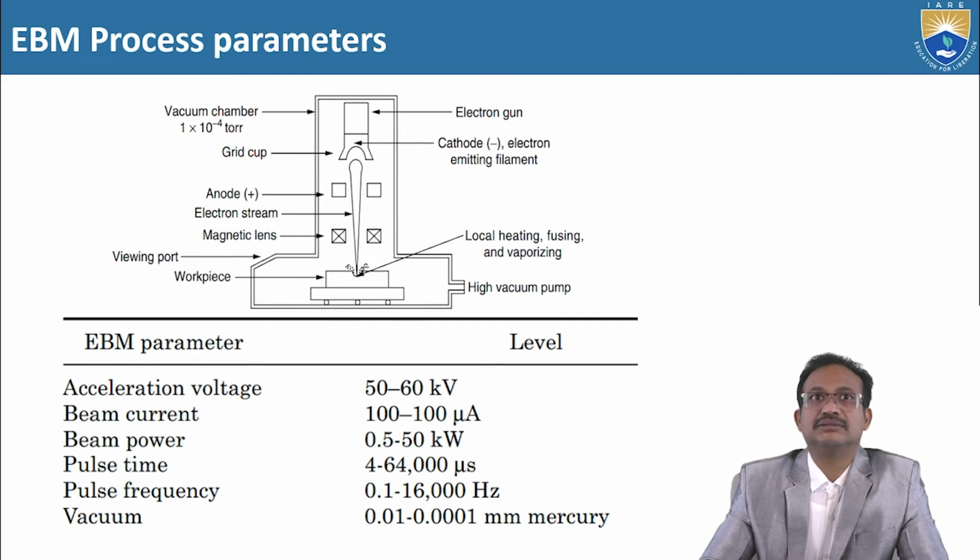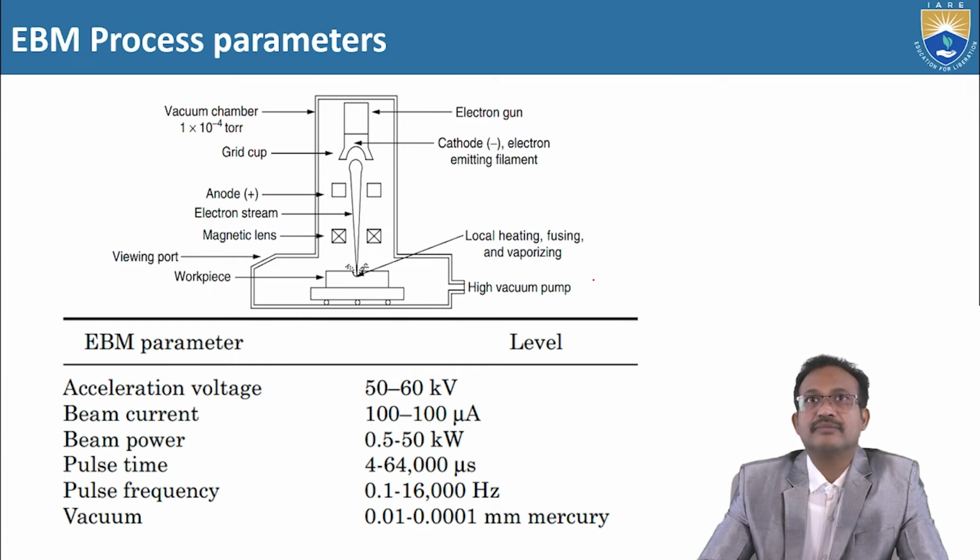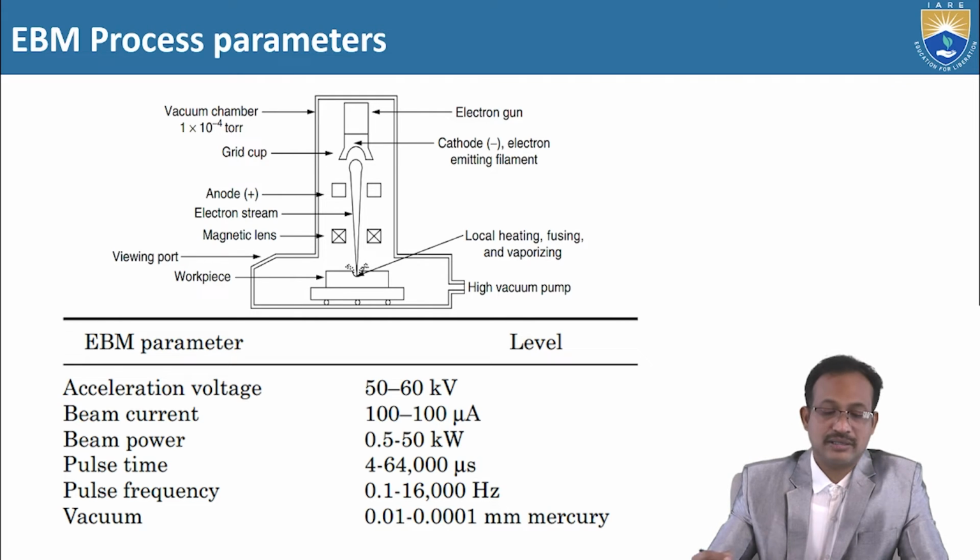Now let us see the EBM process parameters in detail. First, acceleration voltage. In this setup, the electrons must have high acceleration. In order to provide that acceleration, we have to maintain the acceleration voltage at 50 to 60 kilovolts.